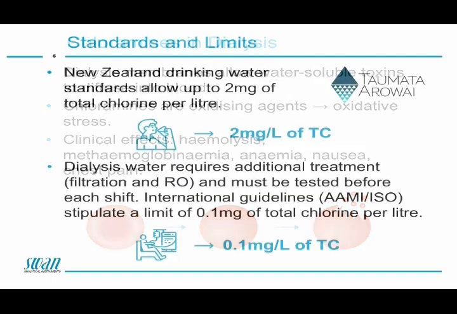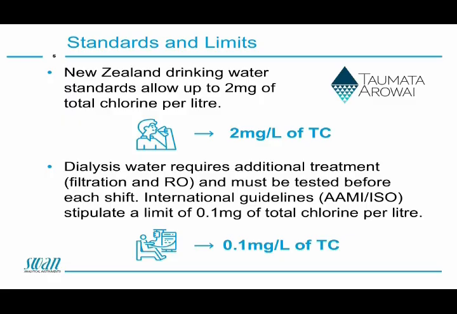Now in New Zealand, there's a drinking water regulator called Taumata Arowai that some of you may have heard of. They allow up to 2 milligrams of total chlorine per litre of drinking water currently. Dialysis water requires additional treatment.